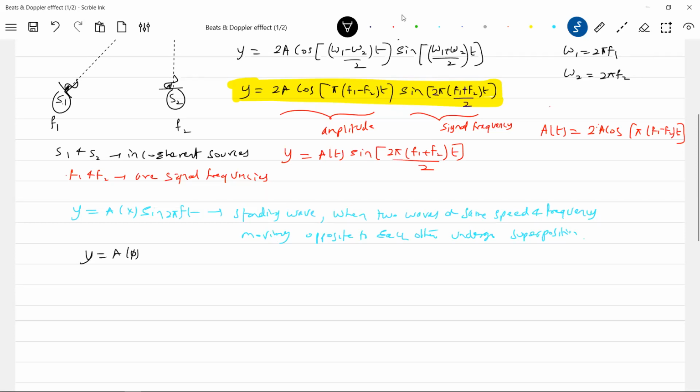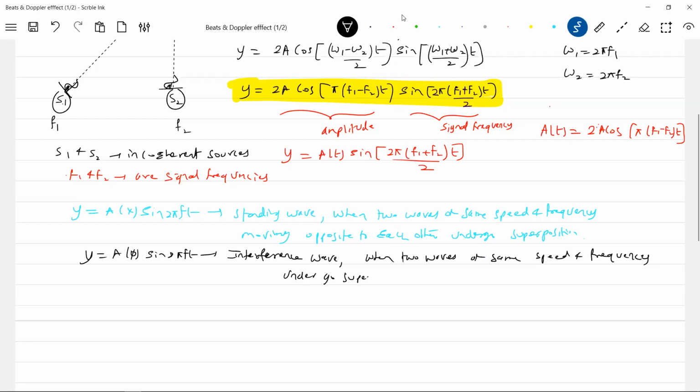Next, when do we get the amplitude as a function of the path difference? So what is this? Interference. When two waves of same speed and frequency, no condition on direction, undergo superposition. What about beats?